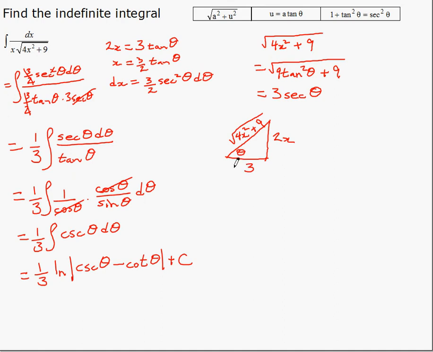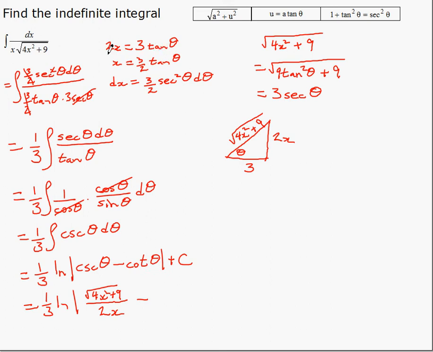So now we need cosecant, which is the reciprocal of sine. So the reciprocal of sine means hypotenuse, square root of 4x squared plus 9, over opposite, which is 2x, minus cotan, and we can get that from the triangle as well.